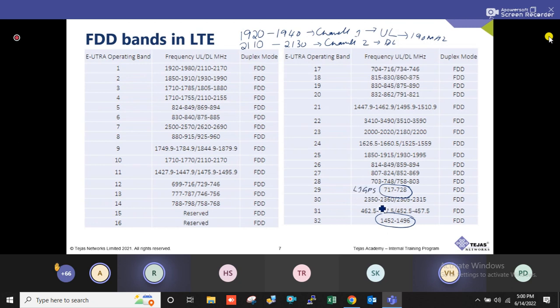So even though they have mentioned these frequencies, typically we are not using these bands. The standard says these are to be used with the 700 band and the 1500 band. But since they interfere with the harmonics of L1 GPS, even though it is mentioned in the standards, we are not typically using them.